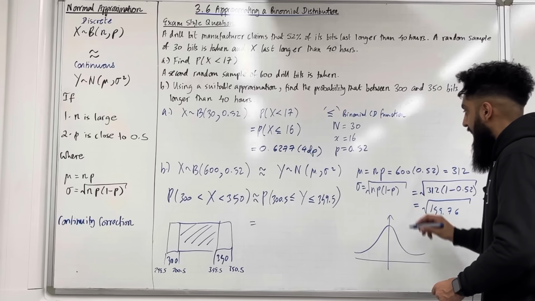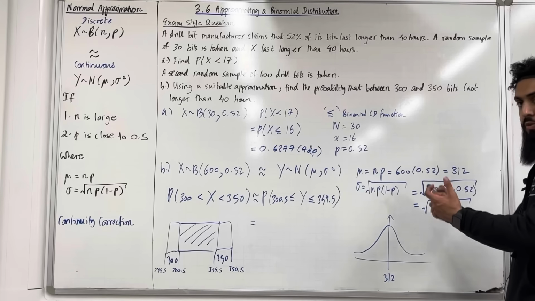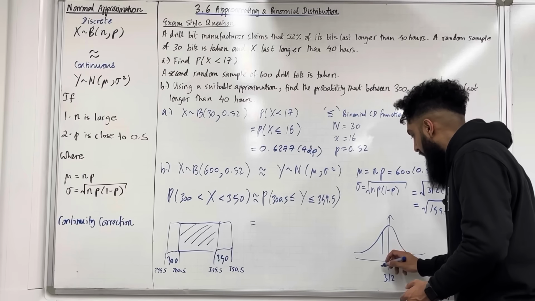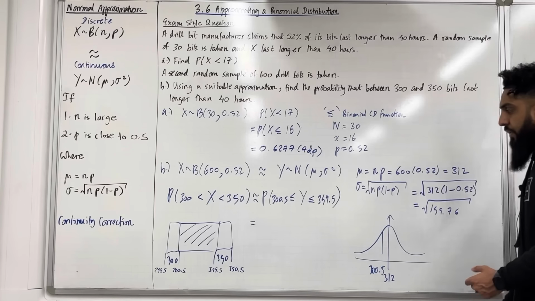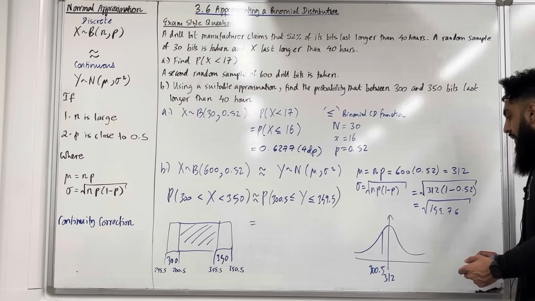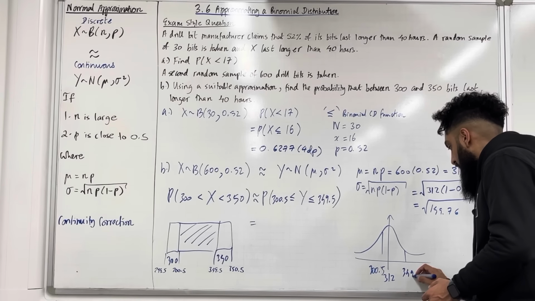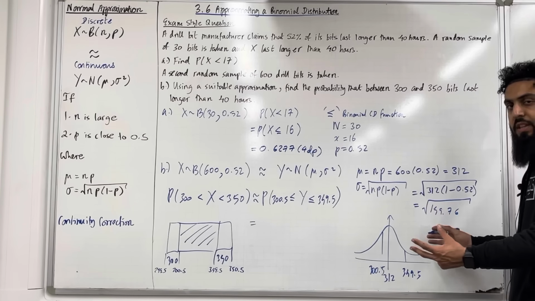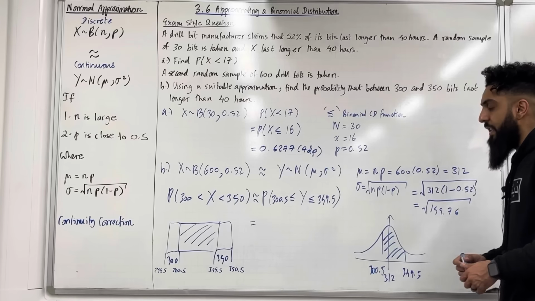It is centered at the mean 312. 300.5 is to the left-hand side of 312, so it will be somewhere over here. And 349.5 is to the right-hand side, so it will be somewhere over here. This is a rough sketch. So we want the area between these two numbers. That area represents this probability.